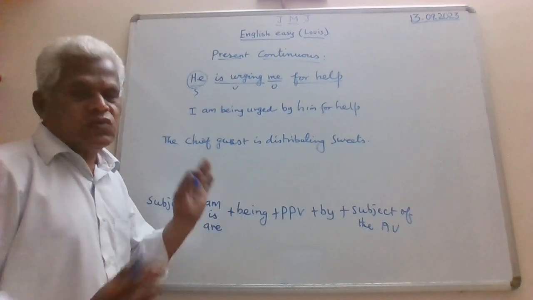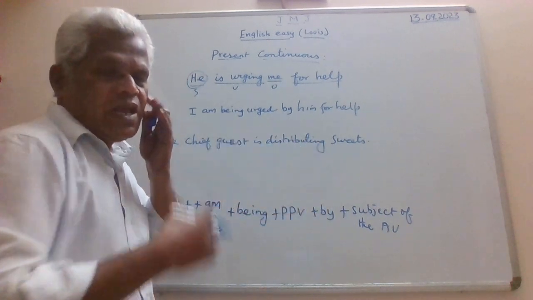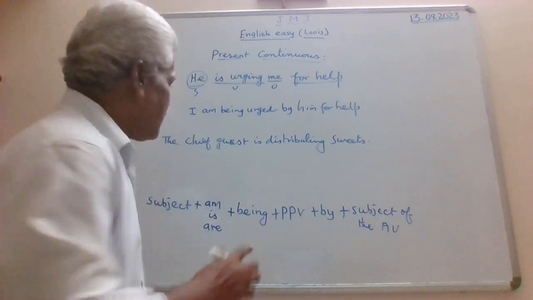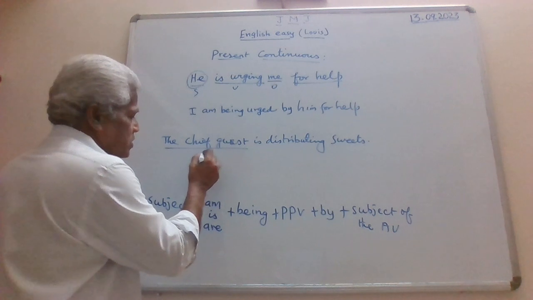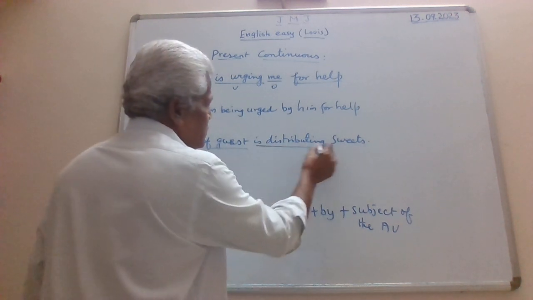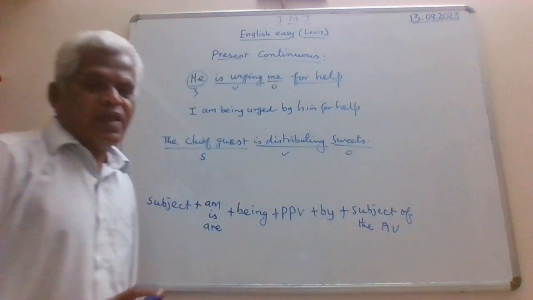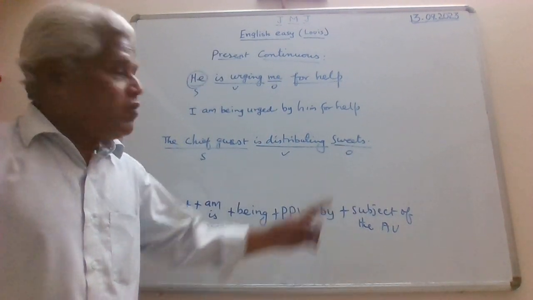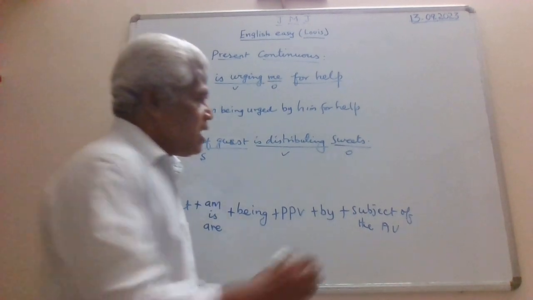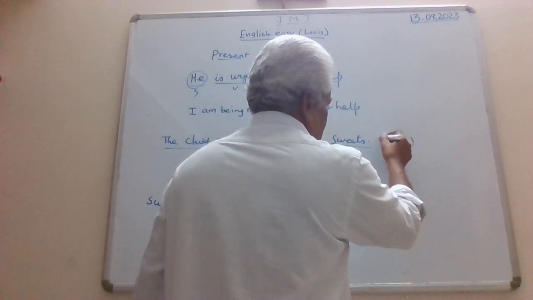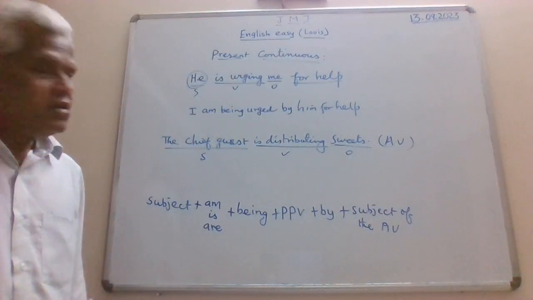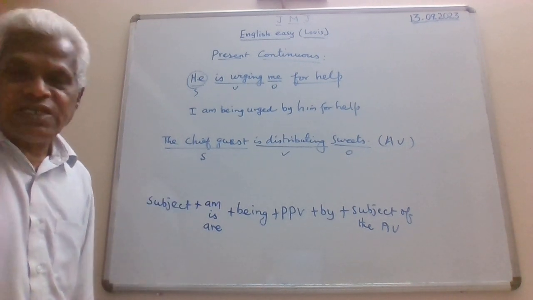Now our purpose is to know the subject, verb, object and then changing into passivation. Now let's see. The chief guest is your subject. He is distributing is your verb. Sweets is your object. Okay? Now how are you going to change this into passivation? Of course this is in active voice. Now how would you change this into passive?